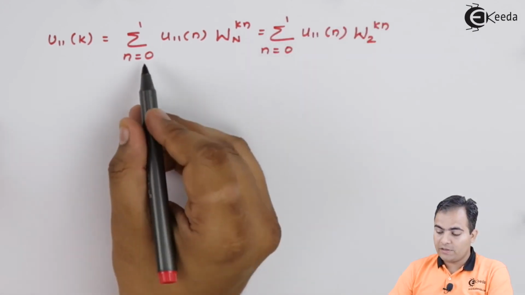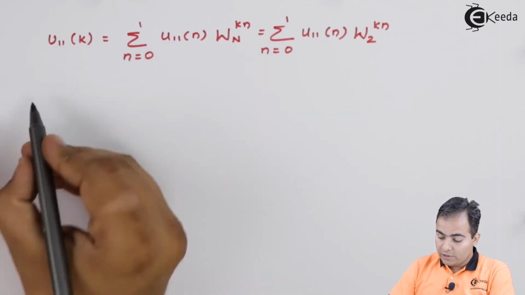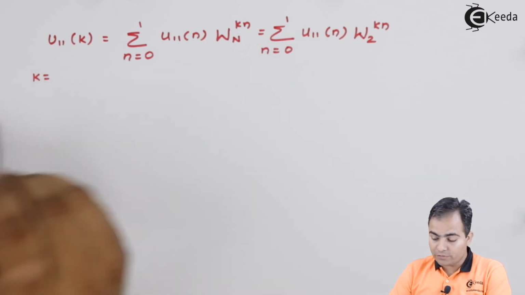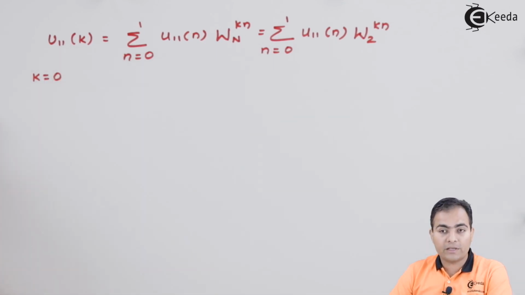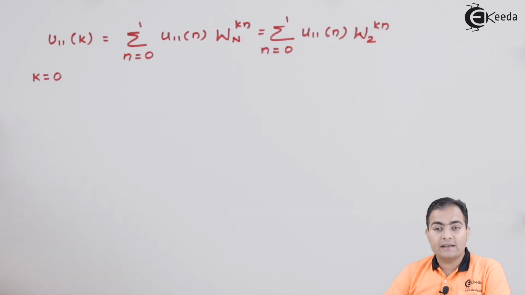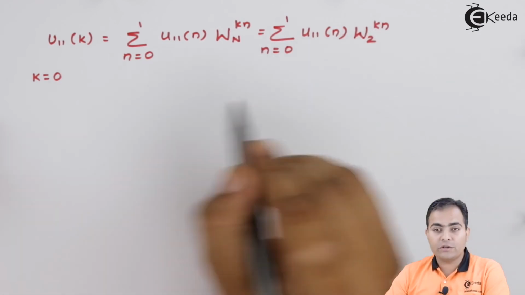Now we have 2 points, which means you will get the answer only for 2, so my k value also varies over 0 and 1. First we will calculate U11 of k for k equals 0. So all these k are replaced by 0. 0 into anything is 0, and anything raised to 0 is always 1.